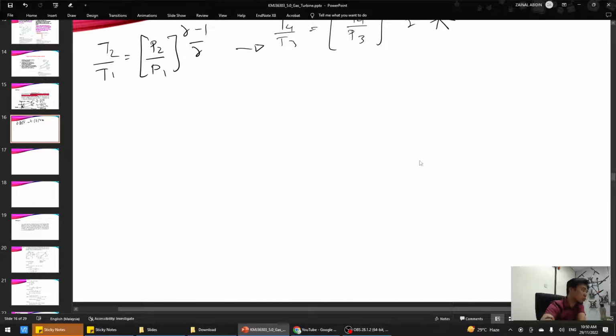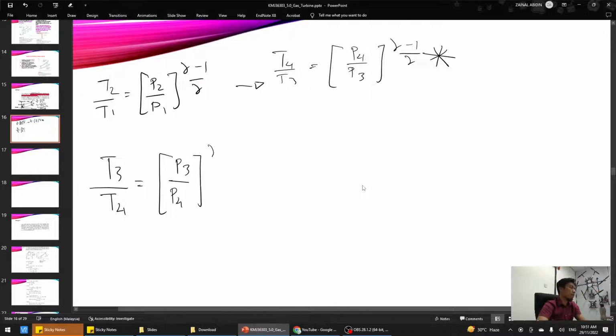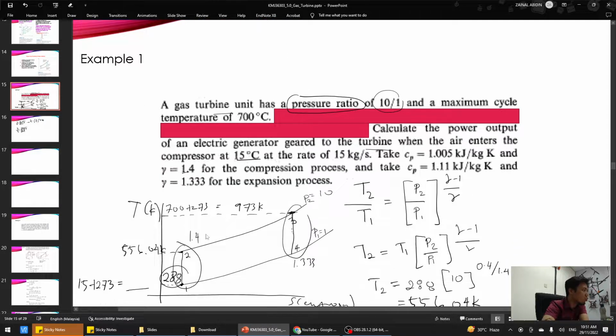So use the same equation: T3 over T4 equals P3 over P4 to the power of lambda minus 1 over lambda. P3 over P4 is actually P2 over P1, because it is a straight line and connected.